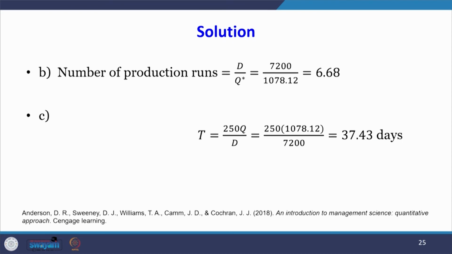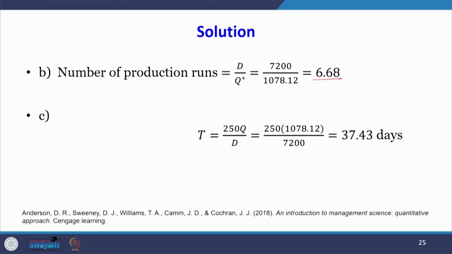The second question is the number of production runs. We know that the annual demand is 7200. When you divide that by Q star, there should be 6.68 production runs. And what is the cycle time?